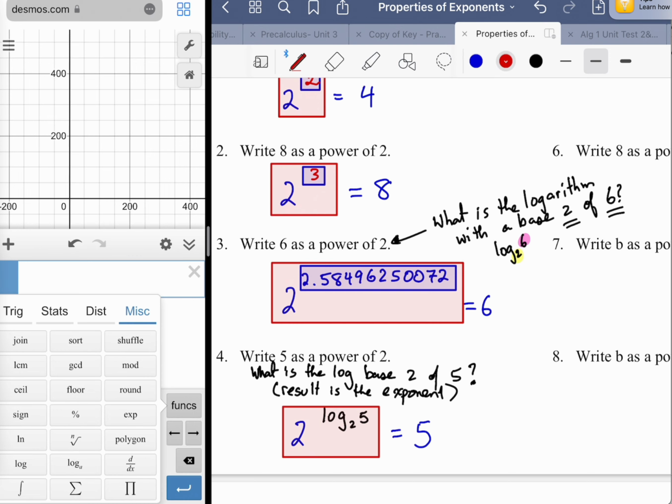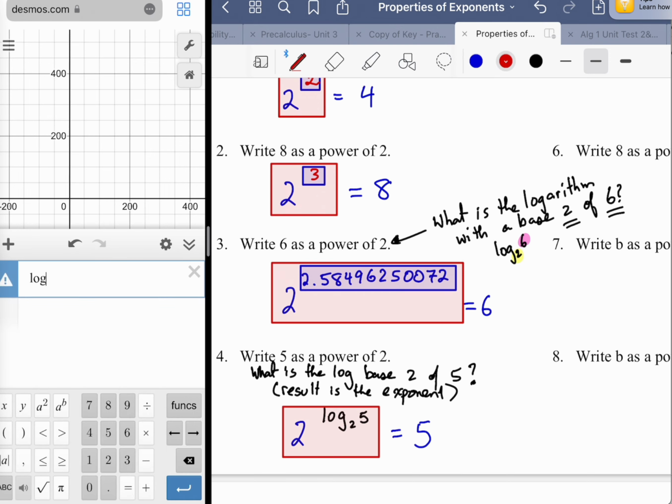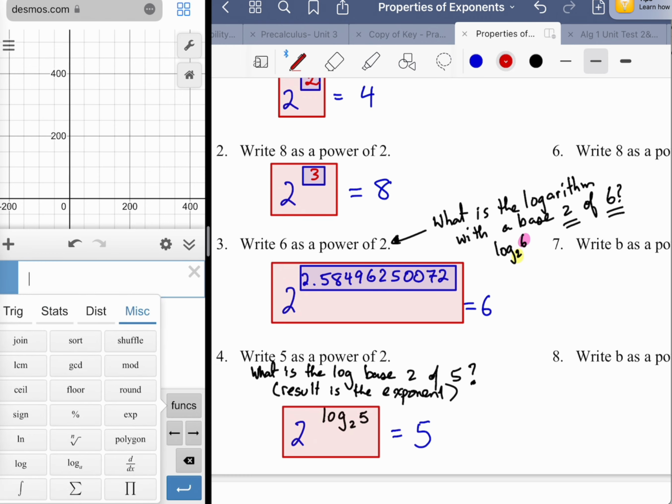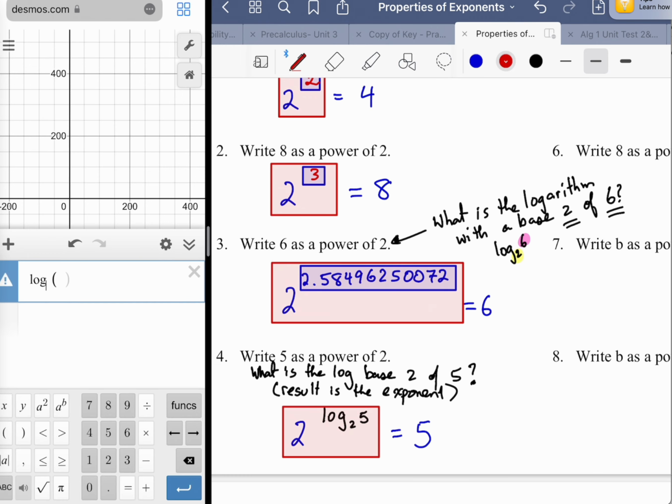The ordinary common log, which is a base 10 logarithm, and then a log with a little subscript of a. That allows you to put in any base you want. So if I put in 2 as the base, and then put in a 6, it brings back that decimal that we came up with by trial and error before.